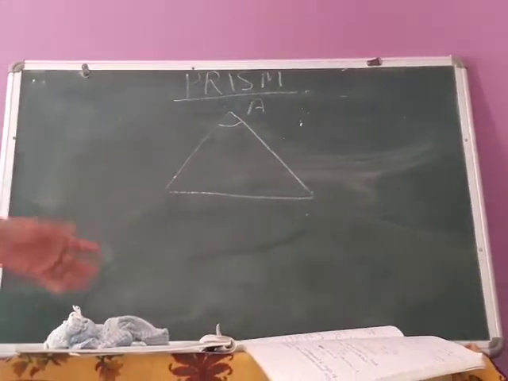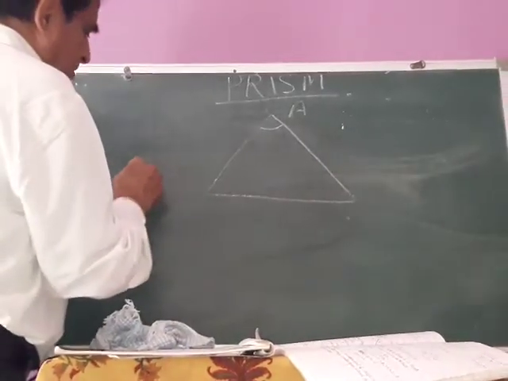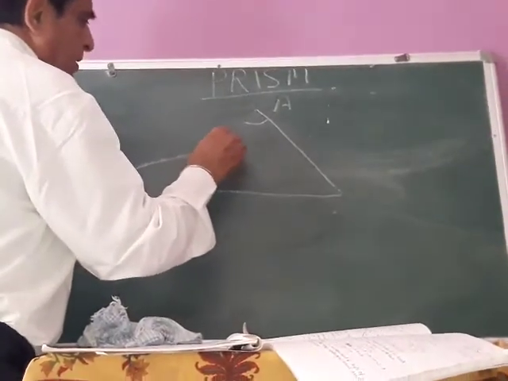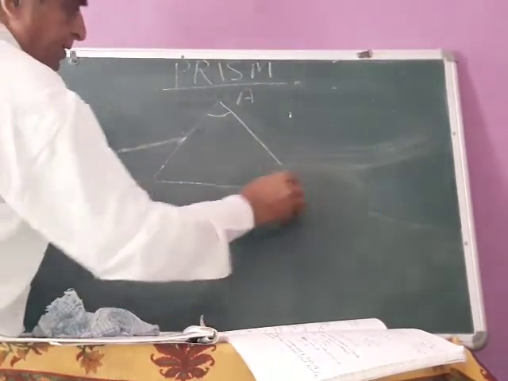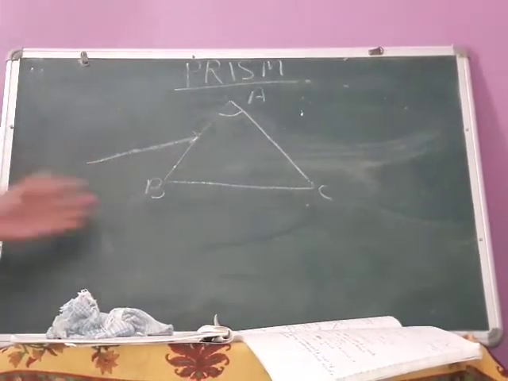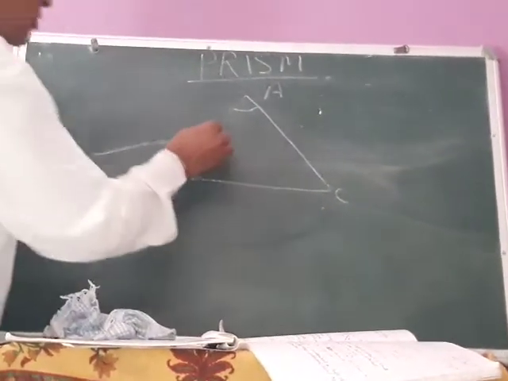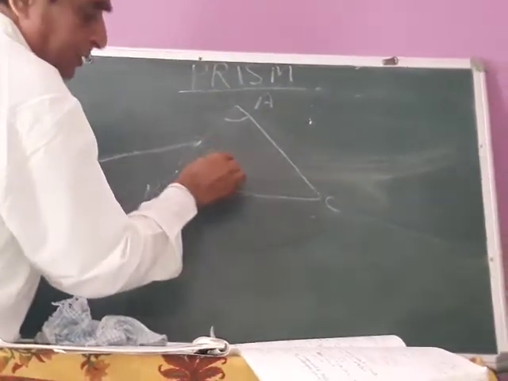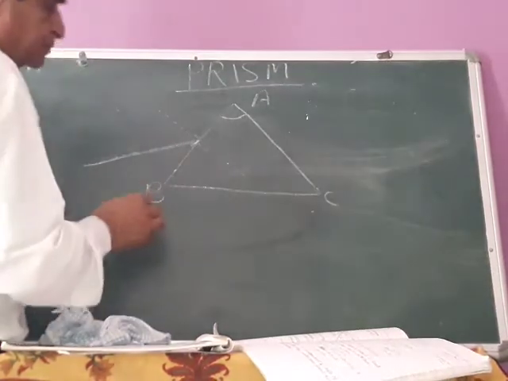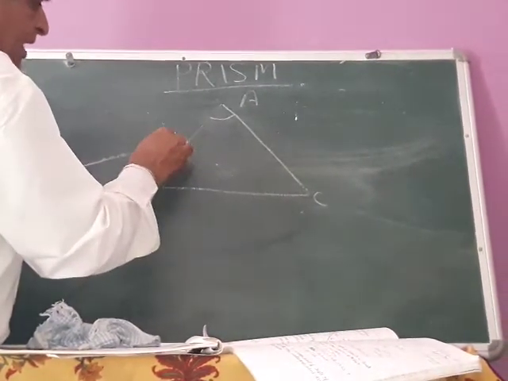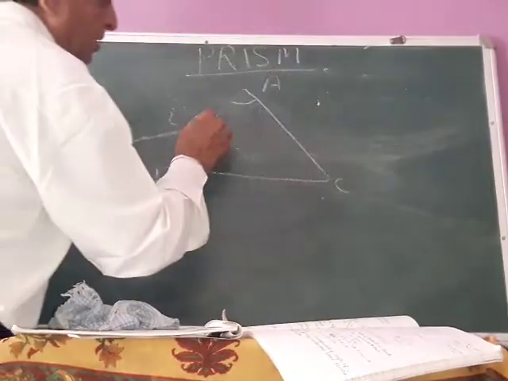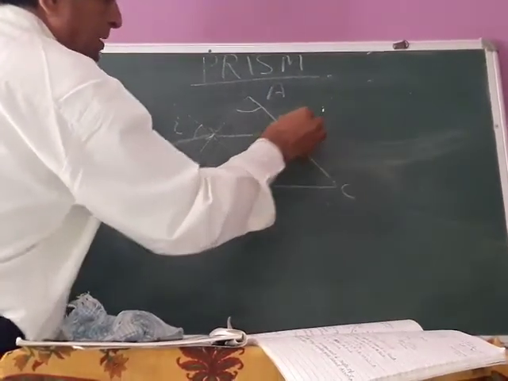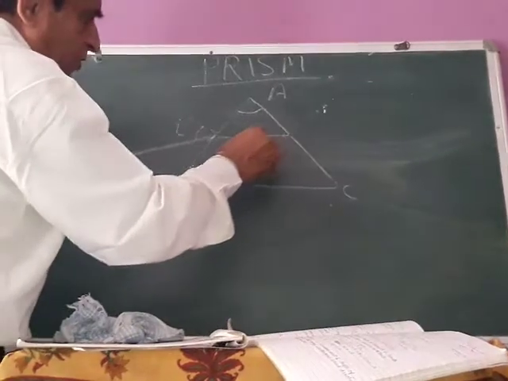How does it function? Let's have a ray coming over here. This is the surface A, B, C. It falls on the surface A. Normal to this is the normal. This angle is I. It will turn toward the normal and go in this way. Then on this face, this is the normal.